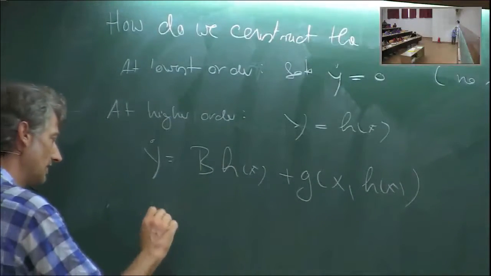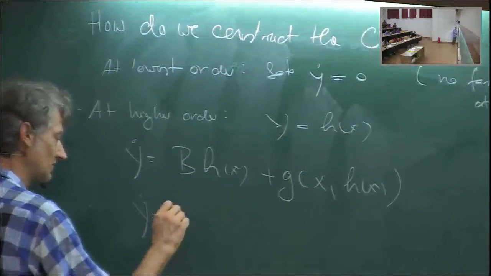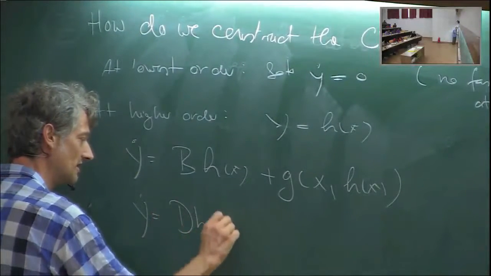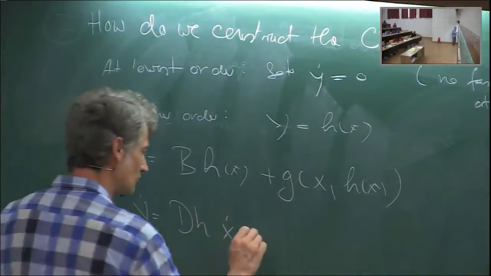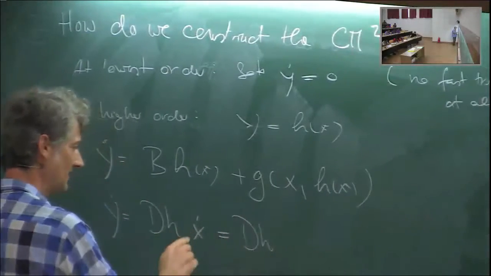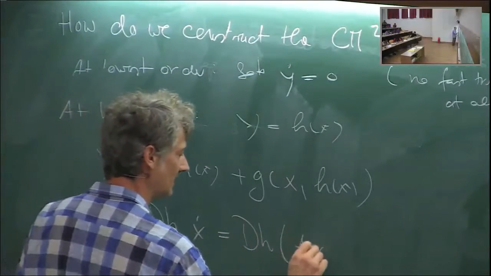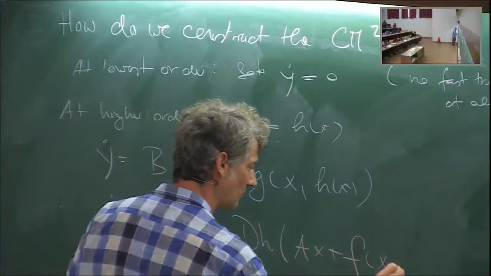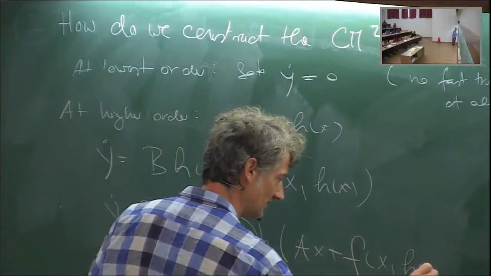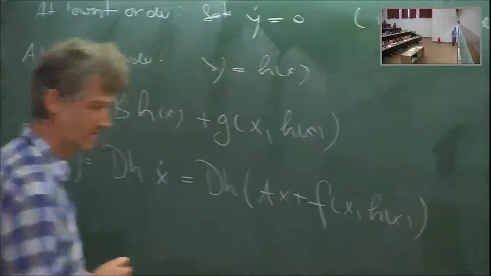And also y dot is just dh times x dot. So this is dh, and then x dot is ax plus f of x y, and for y I substituted the manifold h of x.